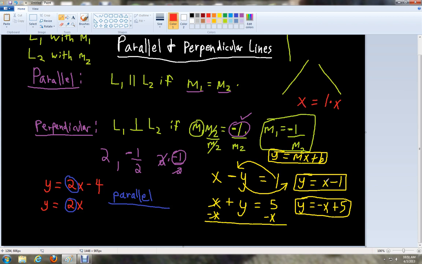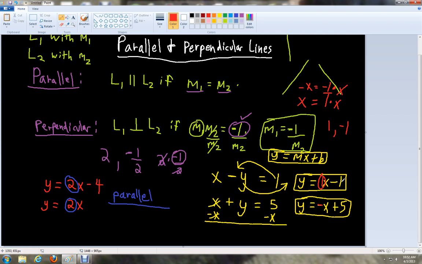So 1x. So our slope for this line would be 1. And then for the negative x term, we can say that's equal to negative 1, right, times x. So we see that the slope for that line would be negative 1.